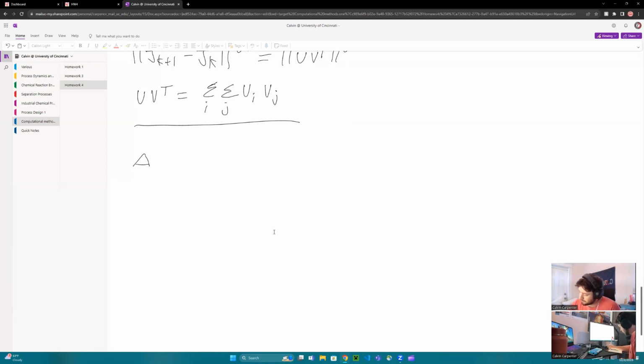Delta f equals J of k plus u v transpose times, I'm pretty sure it's d. Yeah. Delta f equals. Yeah, okay. Sorry, little brain fart. Anyway, we're going to substitute d in through the terms.